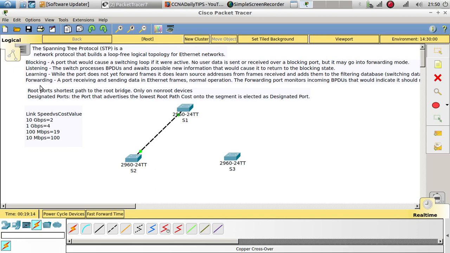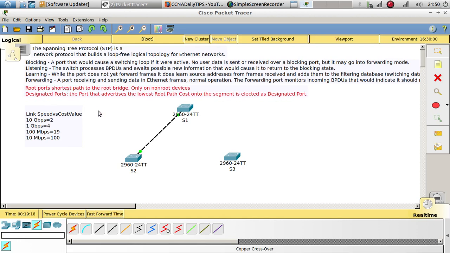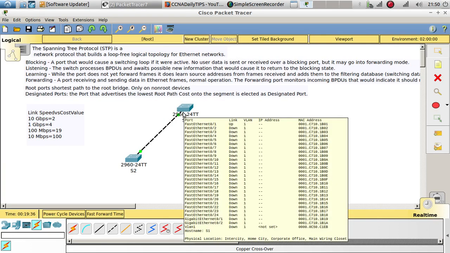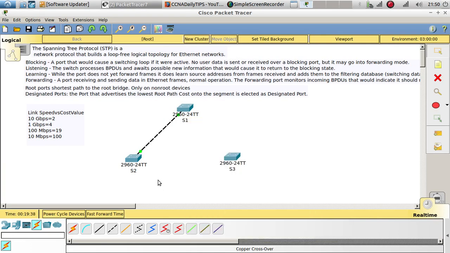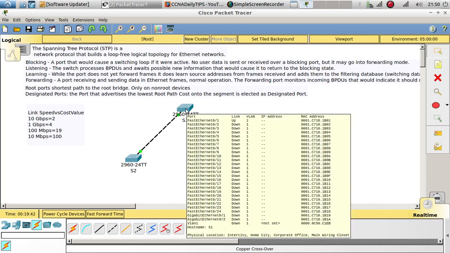And also while this is happening, they are trying to figure out which one is going to be the root bridge. The root bridge is going to be the switch with the lowest priority number and also the lowest MAC address, so it combines the priority number plus the MAC address of the switch.